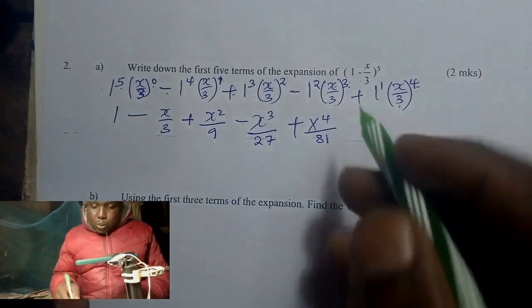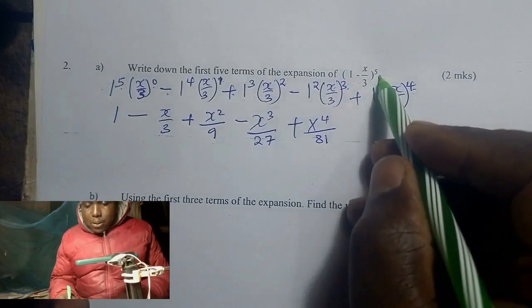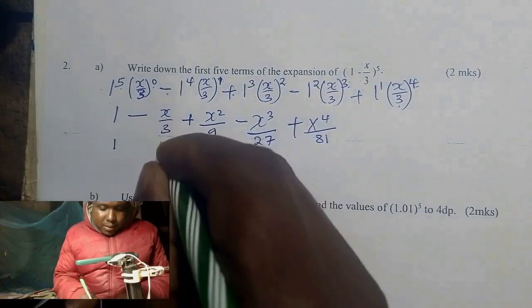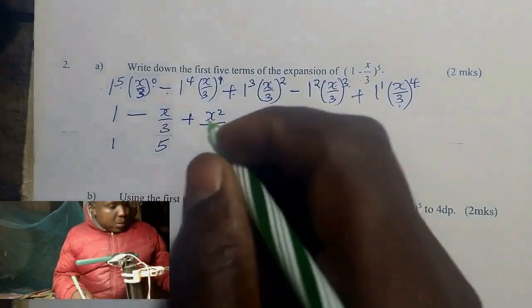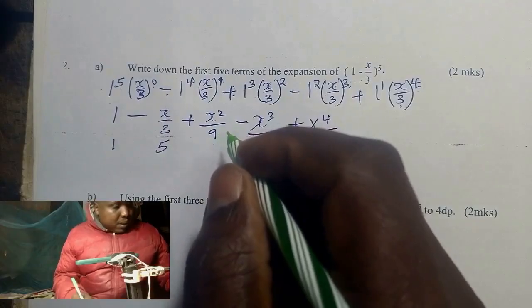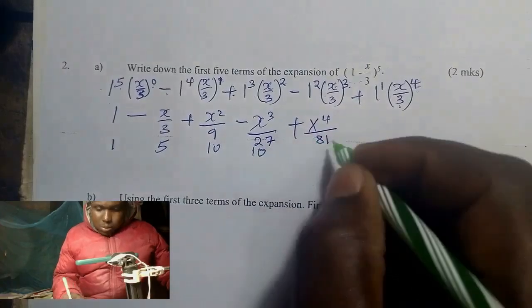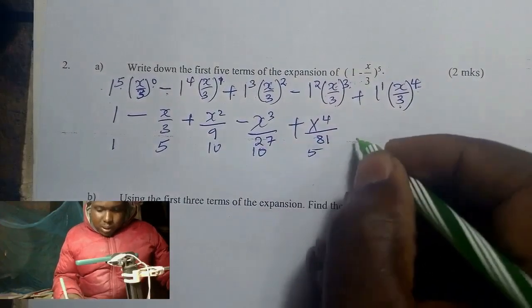Now the next thing is to put in the coefficients of power 5. The coefficients are 1, 5, 10, 10, 5, and 1.